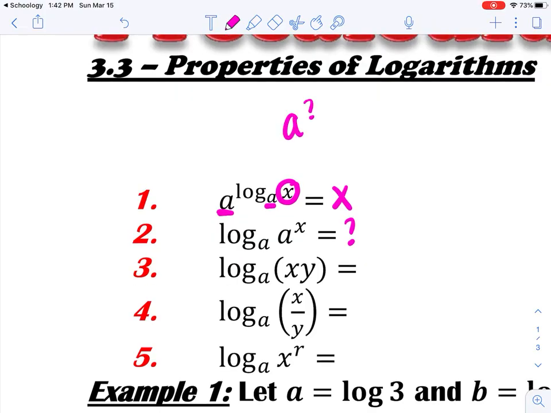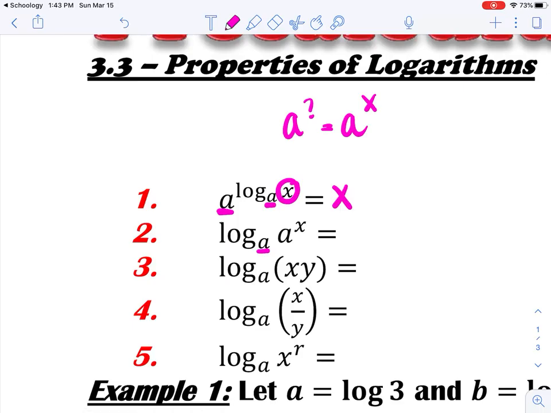So a to the question mark equals a to the x. Then I see, fill in the blank here, it's equal to x. So long story short, if I have log base a, and my argument has a base of a and it's raised to a power, it's equal to that power.